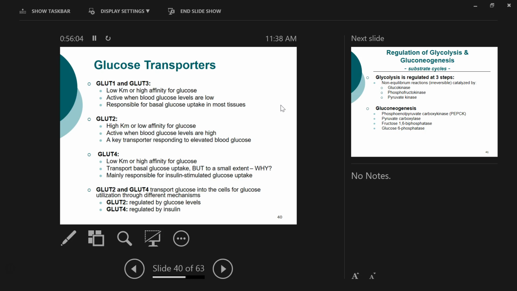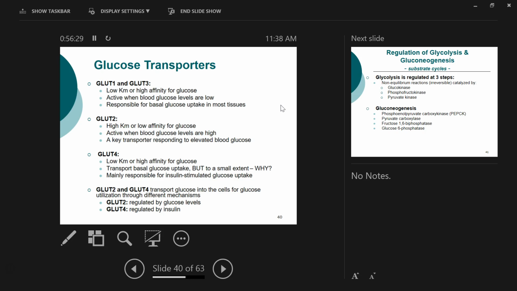So the question here: why, at basal levels, is GLUT4 not the transporter responsible for transporting glucose under the basal condition, that is, when insulin level is not high, although it has a higher affinity for glucose?